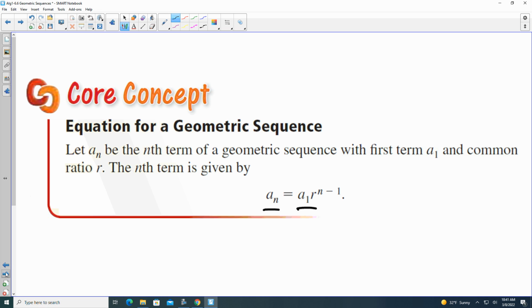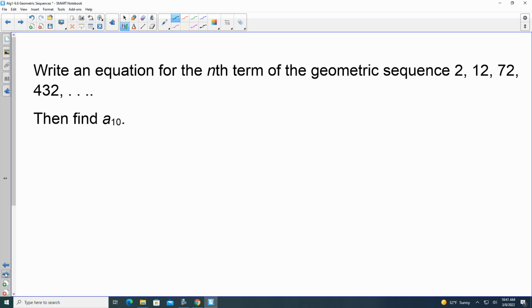So using that formula, they want us to write an equation for the nth term of a geometric sequence, and they gave us the start. So this is a sub 1, this is a sub 2, this is a sub 3, this is a sub 4. They want us to not only write it in an nth term, but they also want us to find a sub 10.